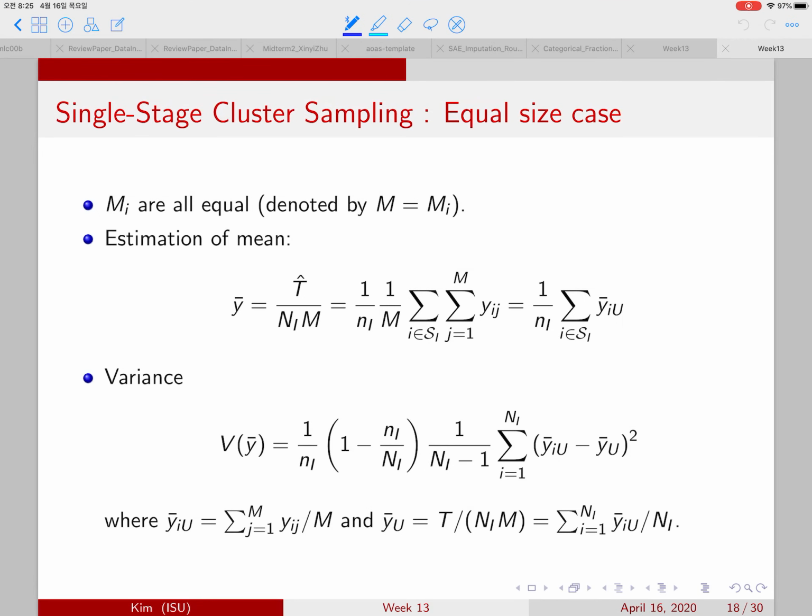Now we'll study single stage cluster sampling further. For simplicity, assume that the cluster size mi's are all equal.